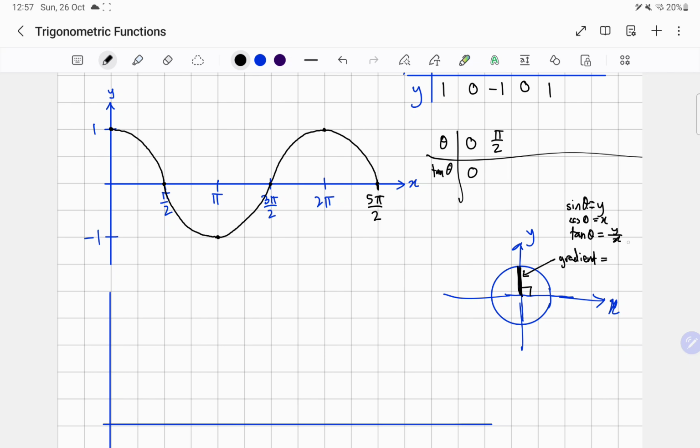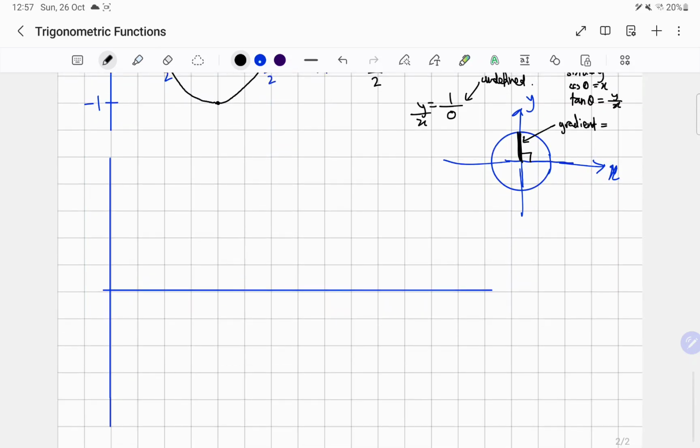If you calculate using y over x, y is 1 and x is 0, so this is undefined. Basically the gradient of a vertical line is extremely steep, almost infinity. So it goes extremely large.